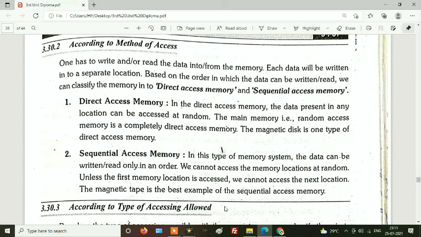The best example for sequential access memory is magnetic tape. In magnetic tape, we have to access each memory cell in order. But in direct access memory, there is no need of accessing the data in order. We can access any data at any location within the memory. So this is the classification according to the method of access: direct access memory and sequential access memory.